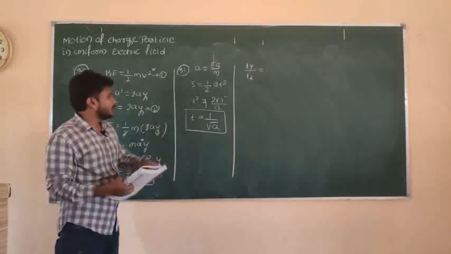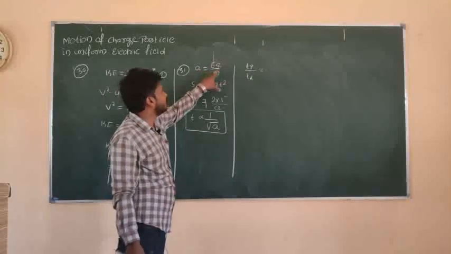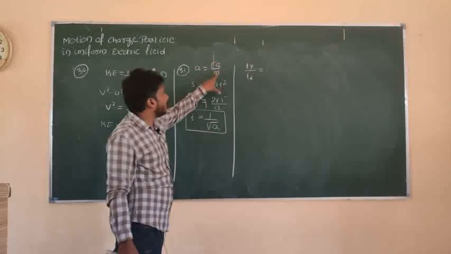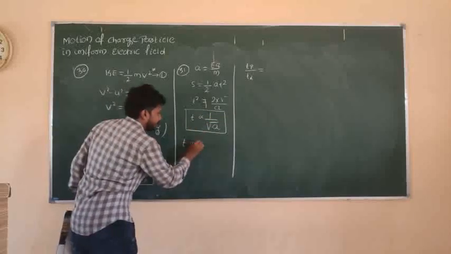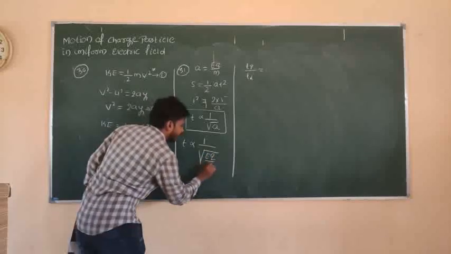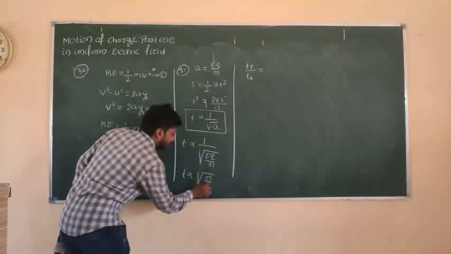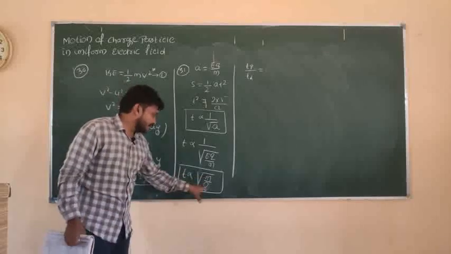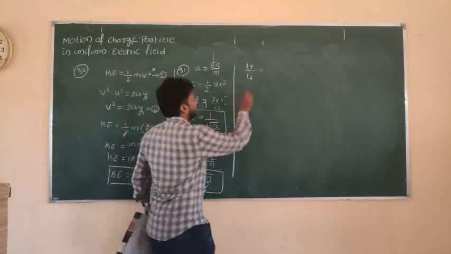Acceleration is equal to E into Q by M, so I write that A value here as E into Q by M. So time is inversely proportional to the square root of E into Q by M. So T is proportional to the square root of M by Q. So what is the relation between time, mass and charge of the particle here? T is proportional to the square root of M by Q.